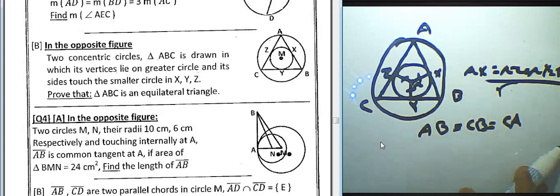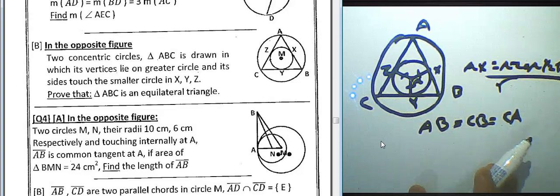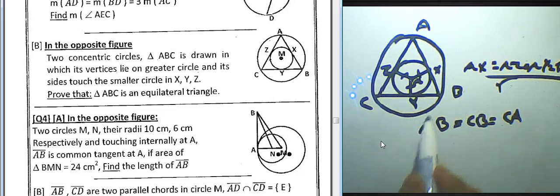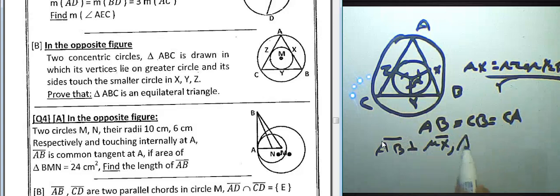And all distances are equal in length, and AB is perpendicular to MX, and AC will be perpendicular to MY. Why?